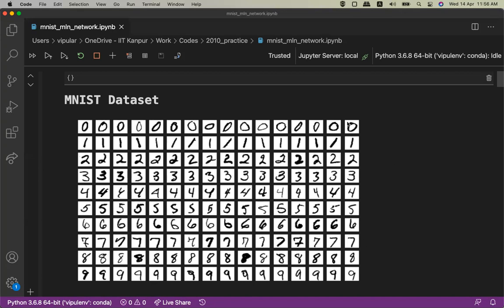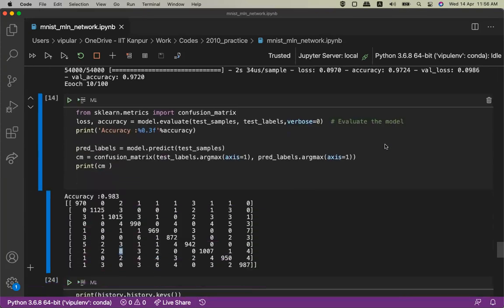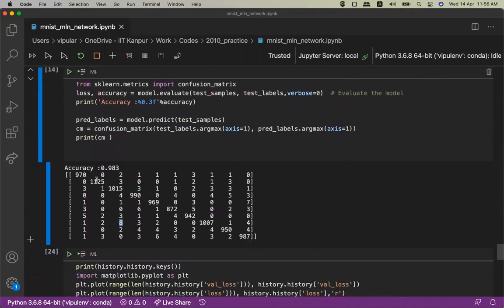But of course, if somebody confuses 0 with 1, that will be a blunder, right? 0 and 1 are quite different, so they should not be confused. Let us look at the statistical results. Are 0 and 1 confused? The answer is no. There is no example for which 0 and 1 are getting confused. That makes sense. They are quite different in their shape.